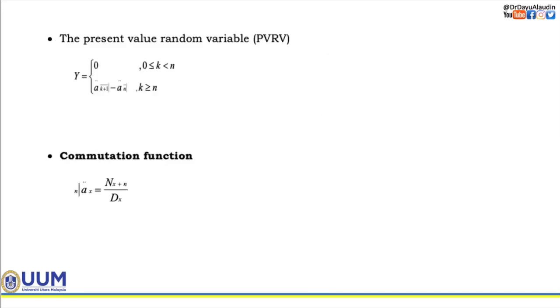And the present value random variable, if the death happens, K is the time of death for the discrete case. If the death happens before n years, the benefit would be equal to 0. And if the death happens at n years or after n years, this is the benefit that will be paid.